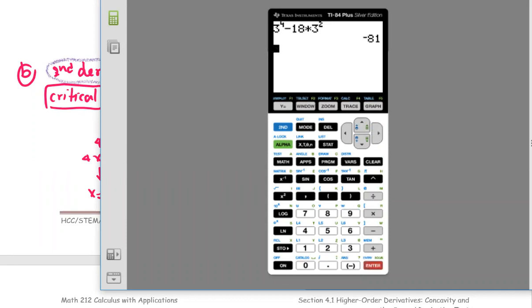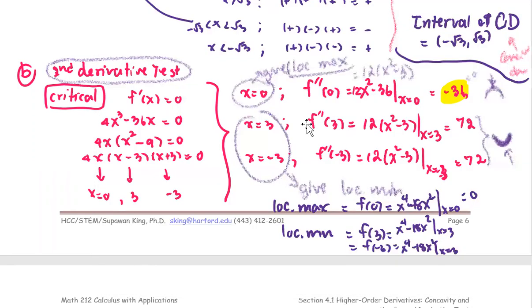So the value is negative 81. So put it back in here. And then the other value, we treat the same way. On the negative side, when you replace into the expression, you square it and it turns out to be positive. So these 2 points gonna give you the same function value. So the local max value is 0. The local minimum value is negative 81.